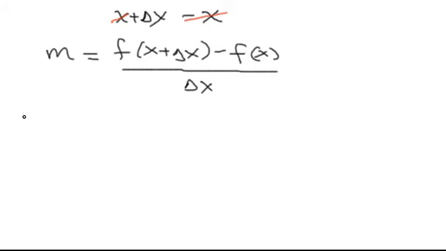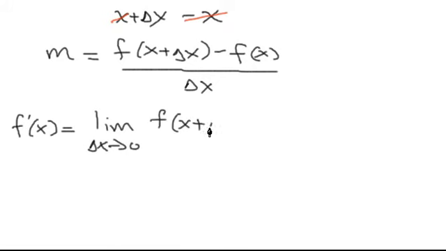So now we could say f prime of x is equal to m, but I'm saying that it's equal to the limit as delta x approaches 0 of f of x plus delta x minus f of x over delta x.